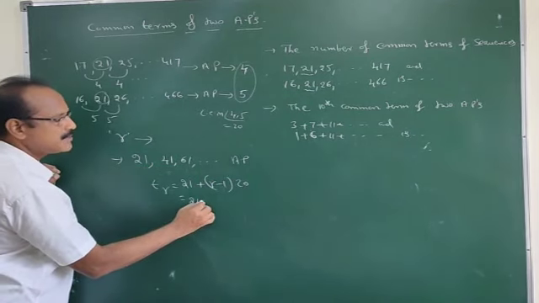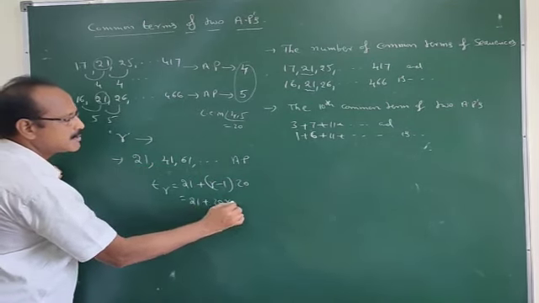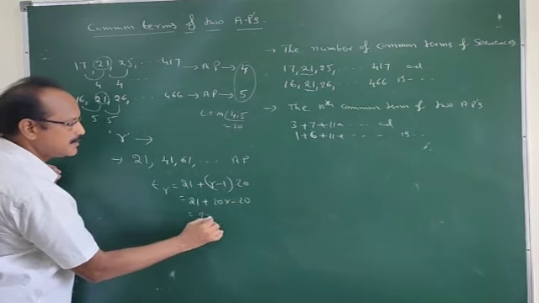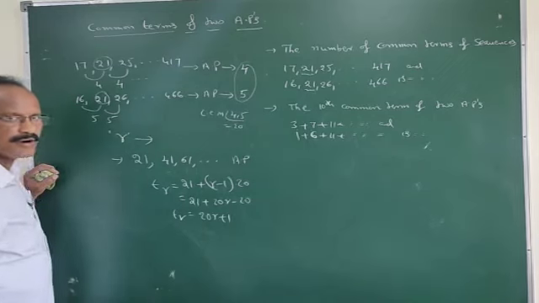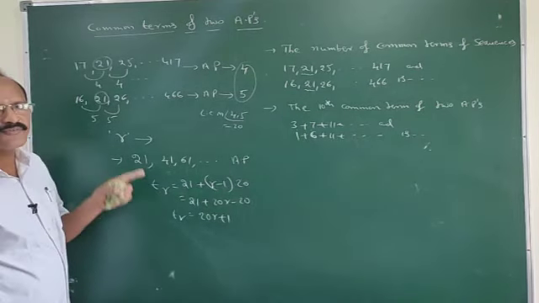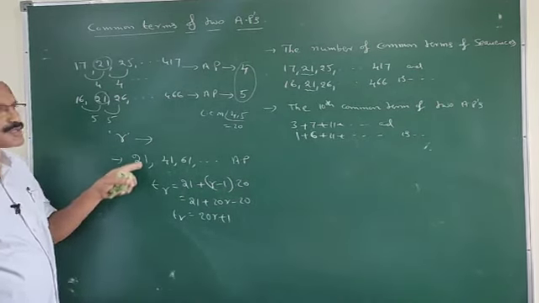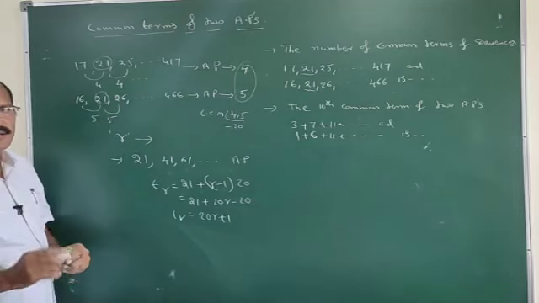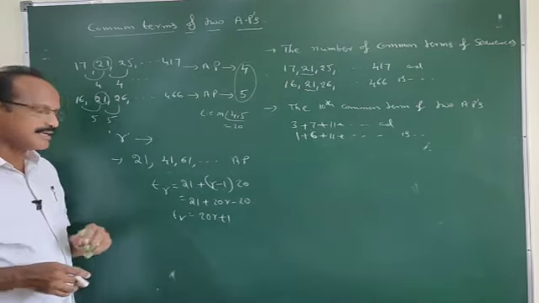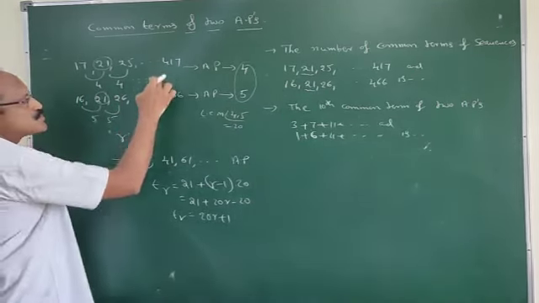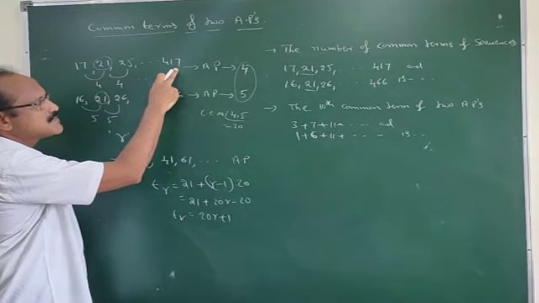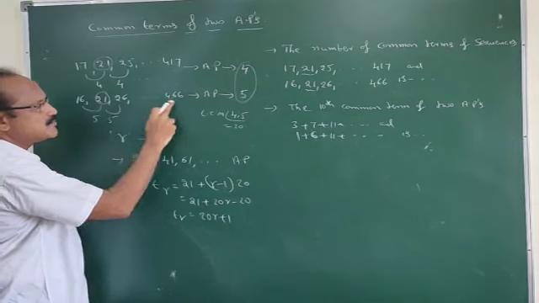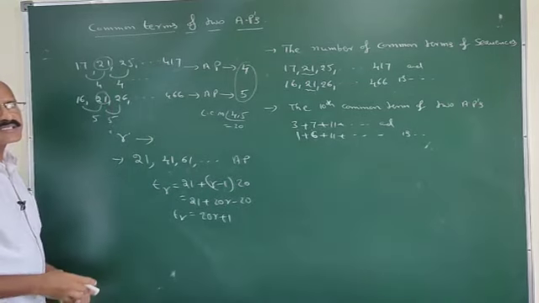So 21 plus (R minus 1) times 20, which is 20R plus 1, is the rth term of this sequence, which contains the common terms of these two APs. Now, we have to find the R value. The last term of the first sequence is 417 and the last term of the second sequence is 466.